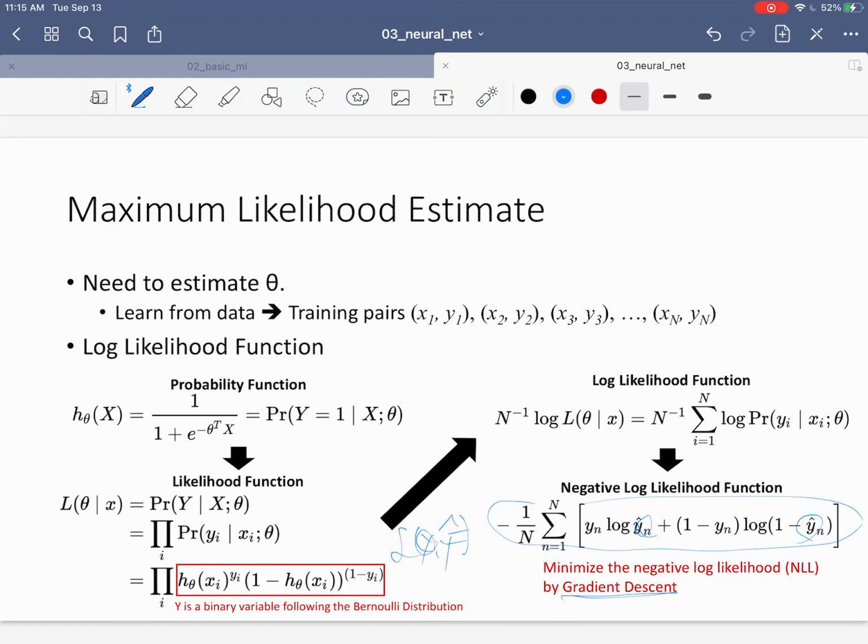The true y is here, and your predicted y comes from a function of x parameterized by theta, and this is exactly that. So what you need to do is differentiate your loss function with respect to theta, which is here, and then update your theta step by step.